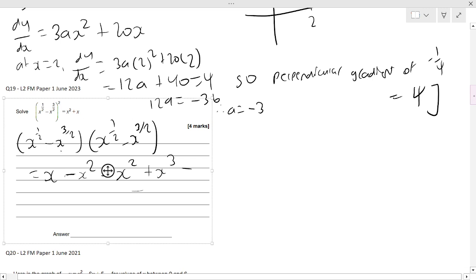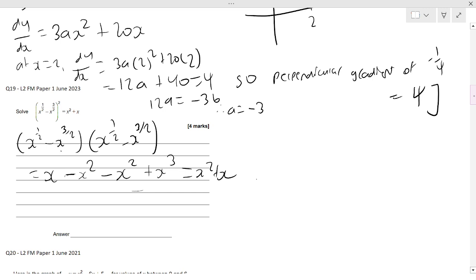And so this is all equal to x squared plus x, which is again given to us. And then we just need to simplify. So I want to make this equal to 0 to solve it, probably. Let's simplify this bit first of all. So this is x minus 2x squared plus x cubed, equals x squared plus x. So then I'm going to move the x squared to the left.